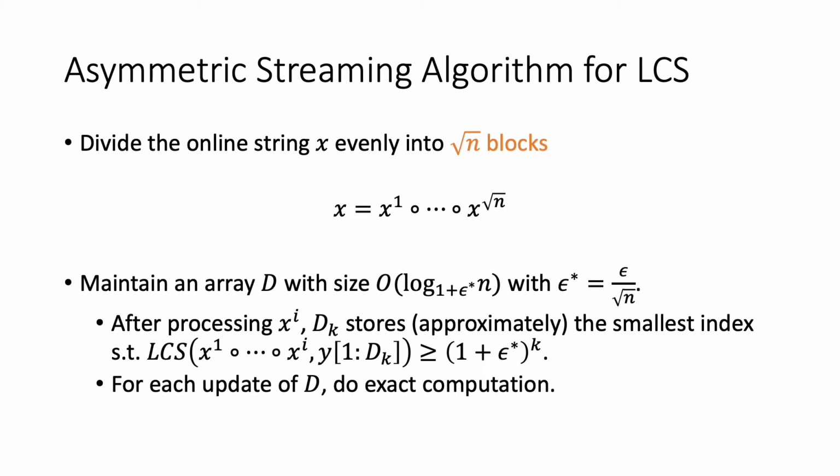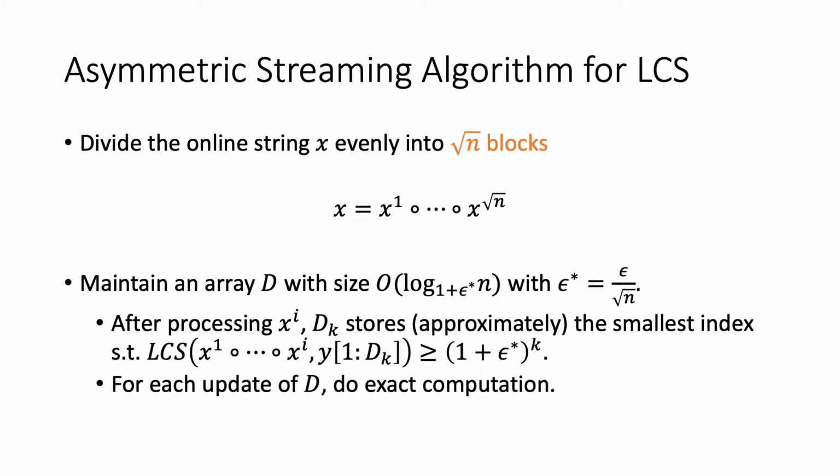The algorithm processes X from left to right, block by block. After processing block Xi, it updates D so that the k-th element of D, say dk, stores approximately the smallest index such that there is a longest common subsequence between the first i blocks of X and the first dk symbols of Y, with length at least (1 plus epsilon star) to the k.